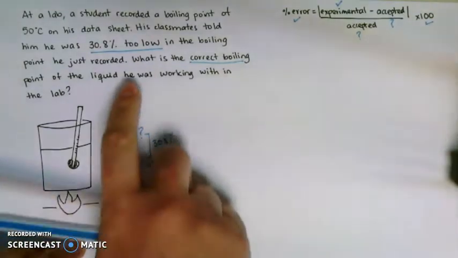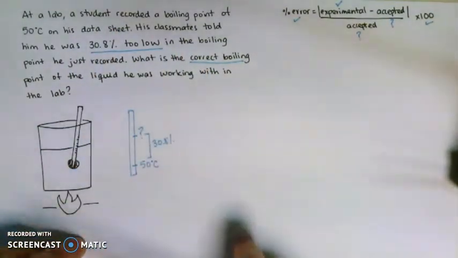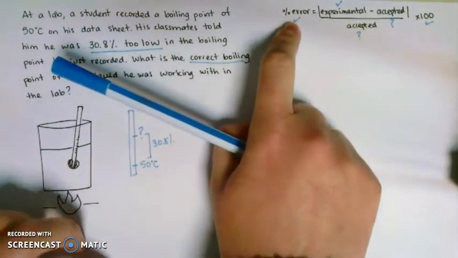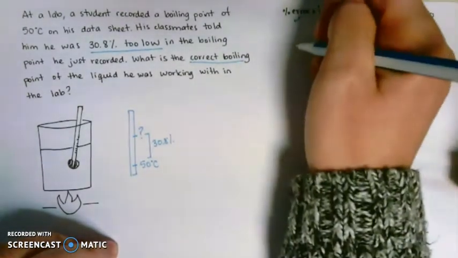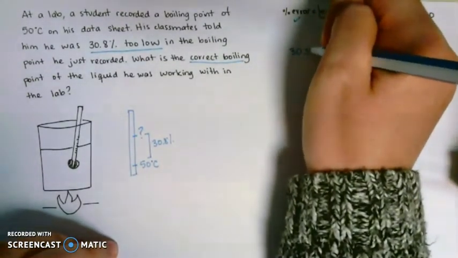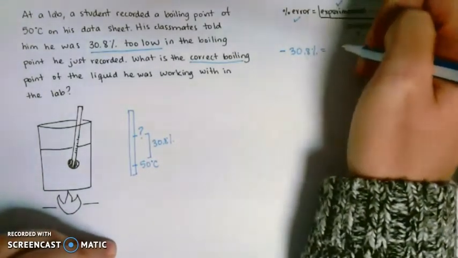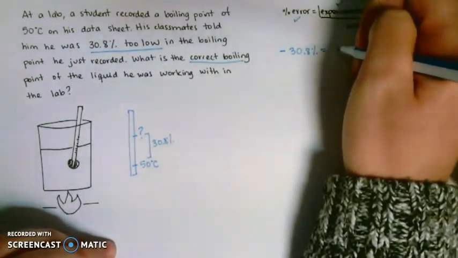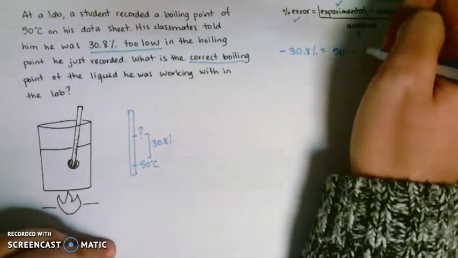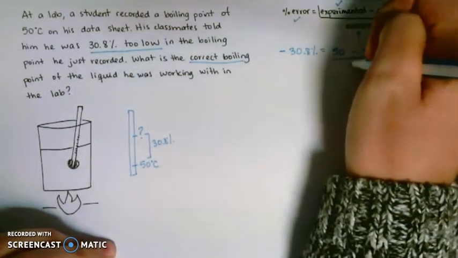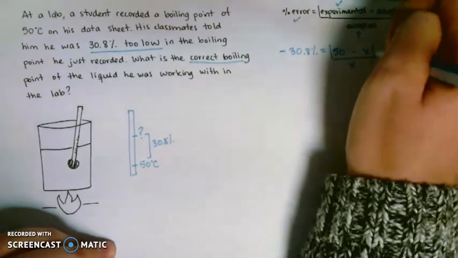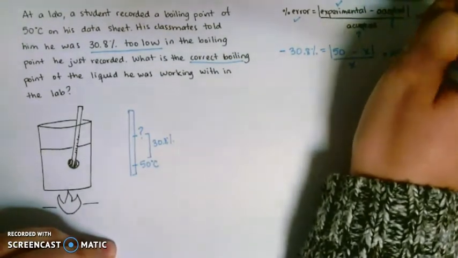So we're going to be substituting these values into our equation, using a negative sign for percent error. So we have 30.8%, negative sign, experimental, which is 50 degrees, and I'm going to be using an x for the accepted value, times 100.